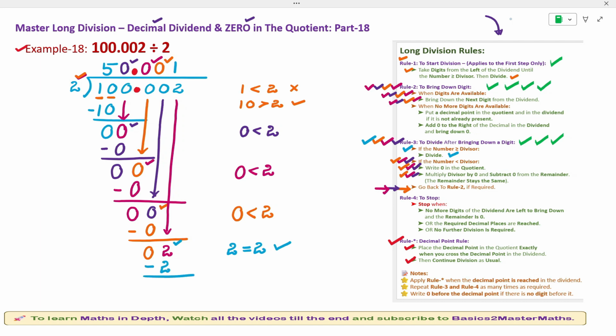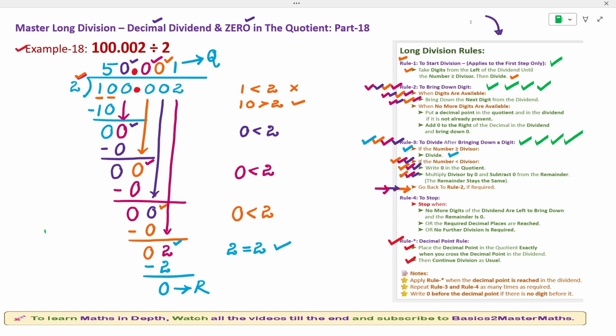So, you will get 0 as the remainder and 50.001 as the quotient. Now, rule 3 is complete for the fourth time.